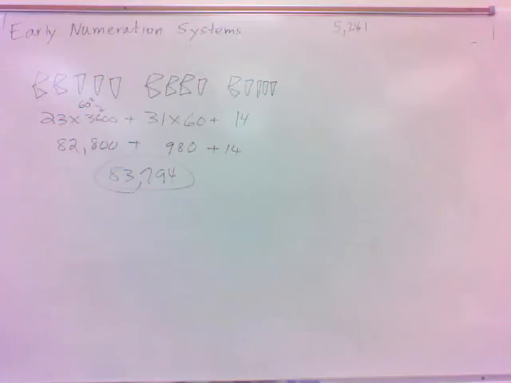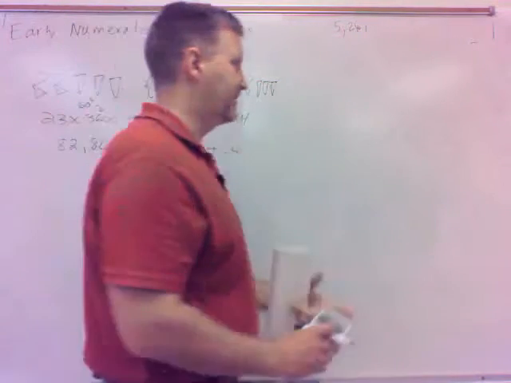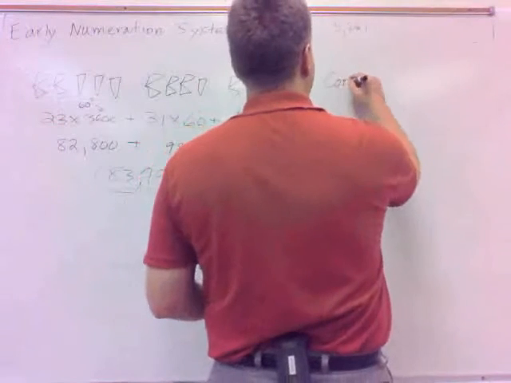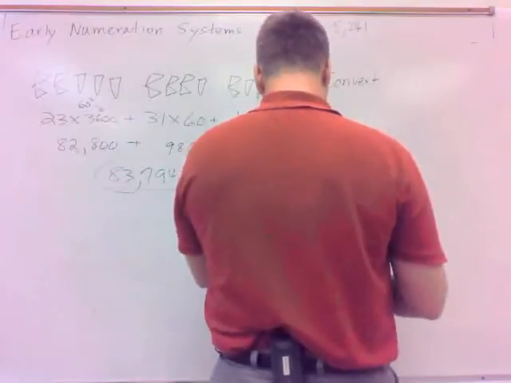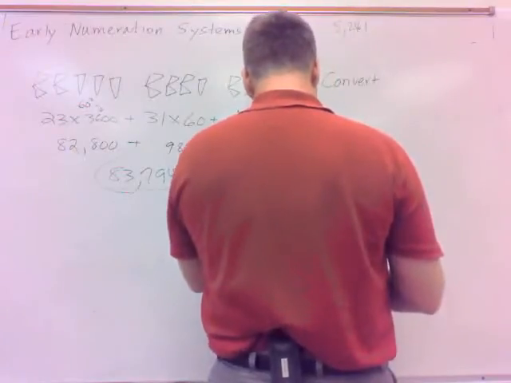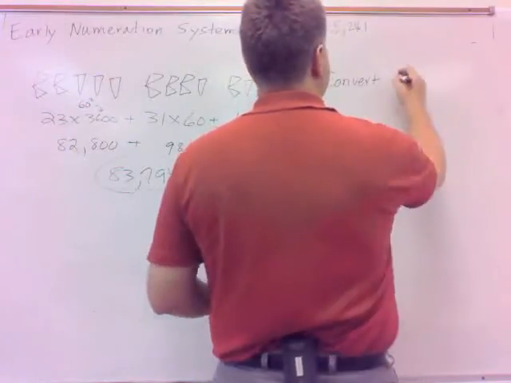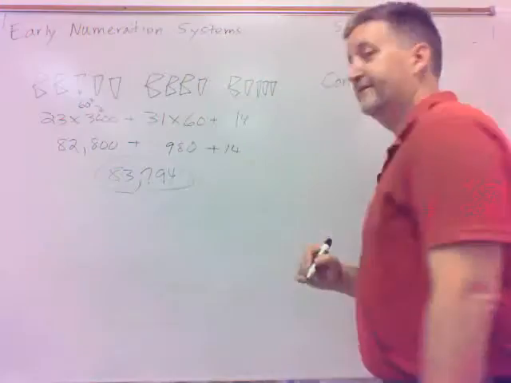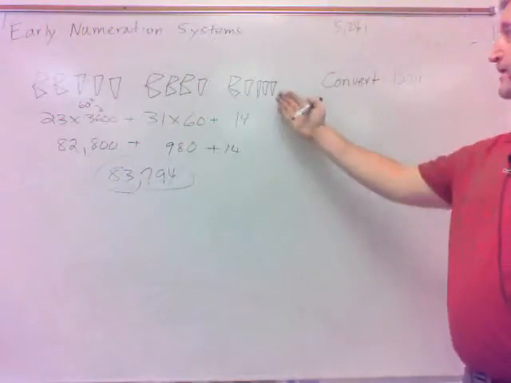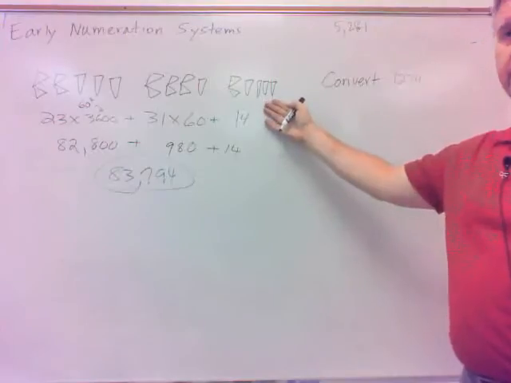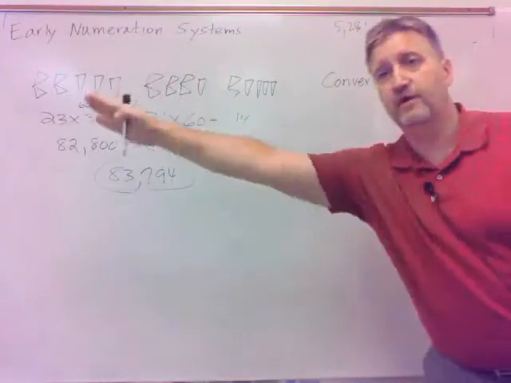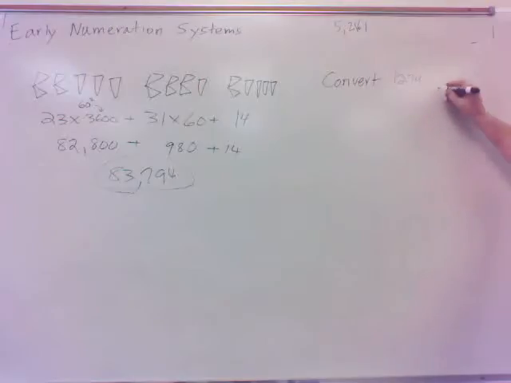What if we wanted to take one of our numbers and convert it to Babylonian? The one on the right will always just be straight up whatever they are, and then you just go up.